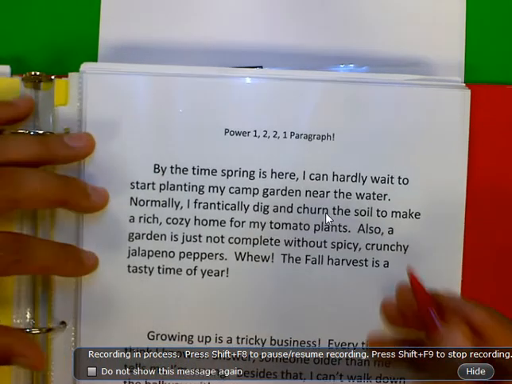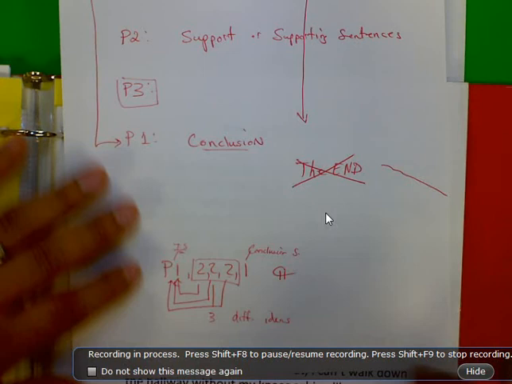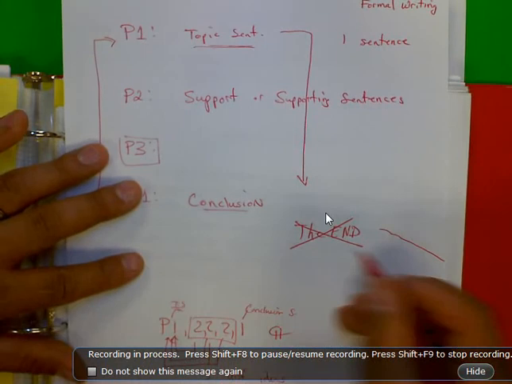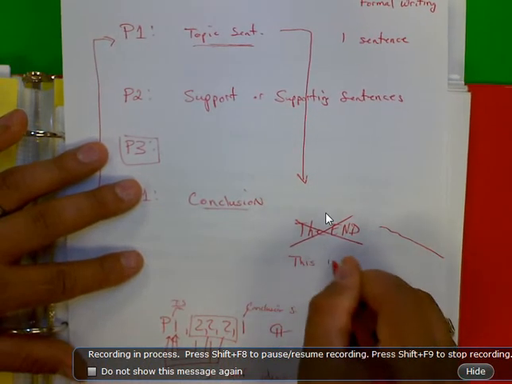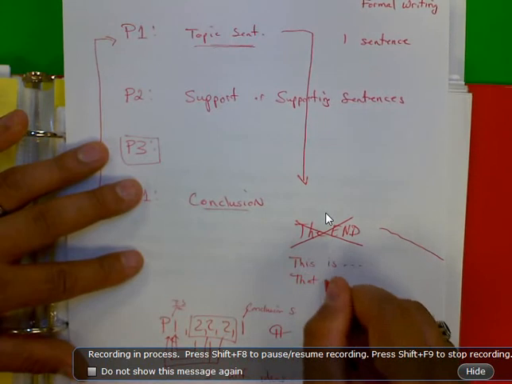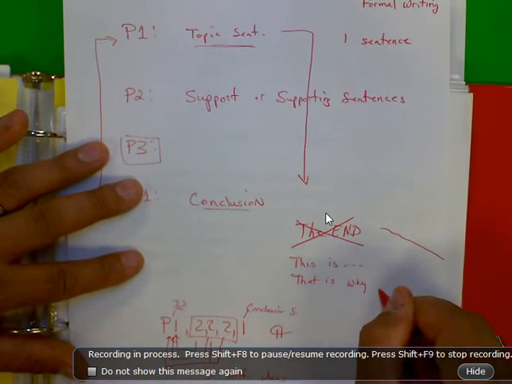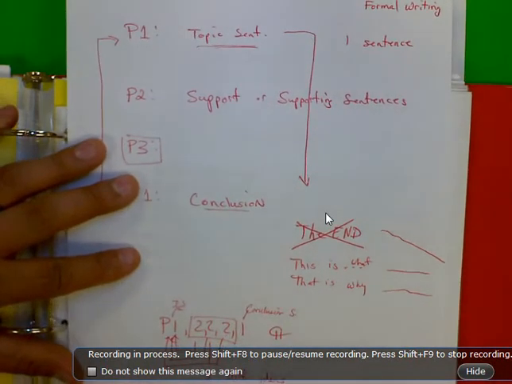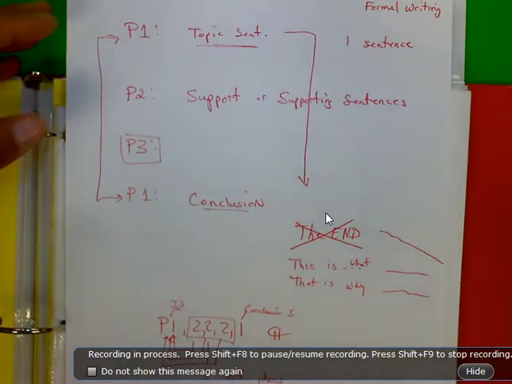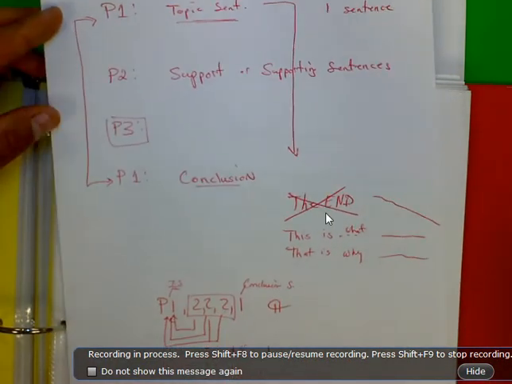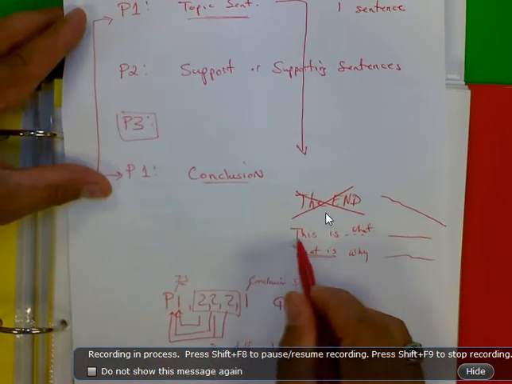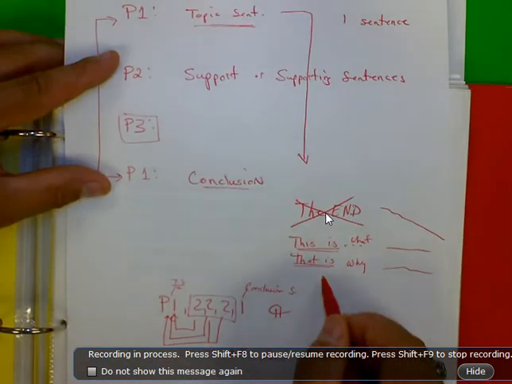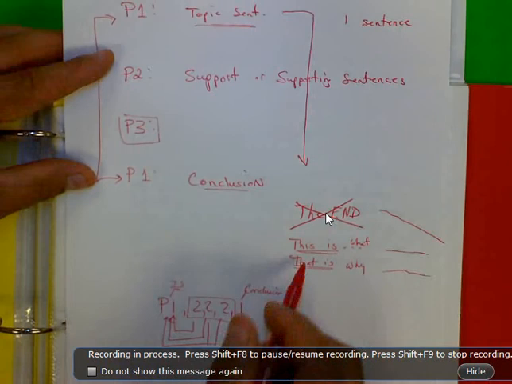Another thing I think isn't a very good ending, and students do this too often, especially coming into junior high, is they write this is, or that is, and then use the word why or what, and go on to explain the rest. For instance, this is how I plant my garden every year. That's not really strong. Find a more creative way to bring your paper to an end. In my 7th, 8th grade classes, I always tell them this is not allowed, and I point it out every time I see it on a paper.